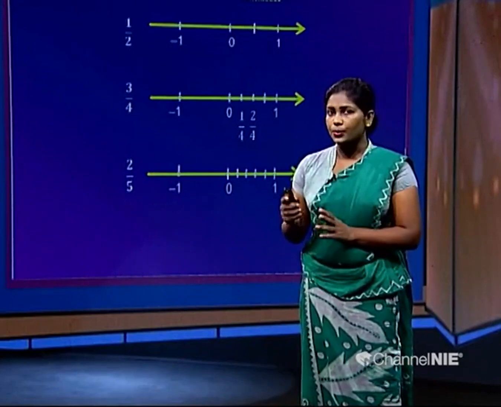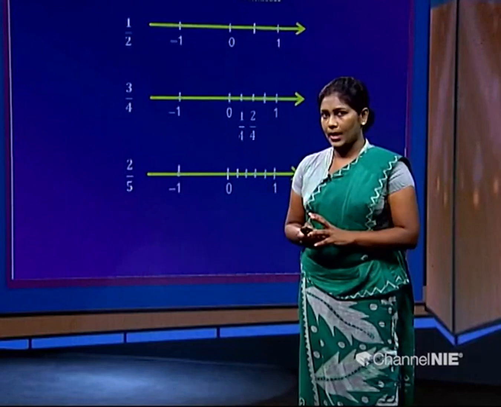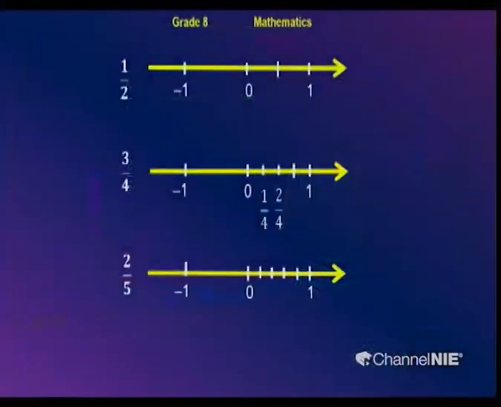Now we have to represent these fractions on a number line. Okay children, hope you are ready. Look at that. 1 over 2, 0 and 1 here. The middle point is there. So you can represent it like that, 1 over 2. Then 3 over 4. We separated between 0 and 1 into 4 parts.